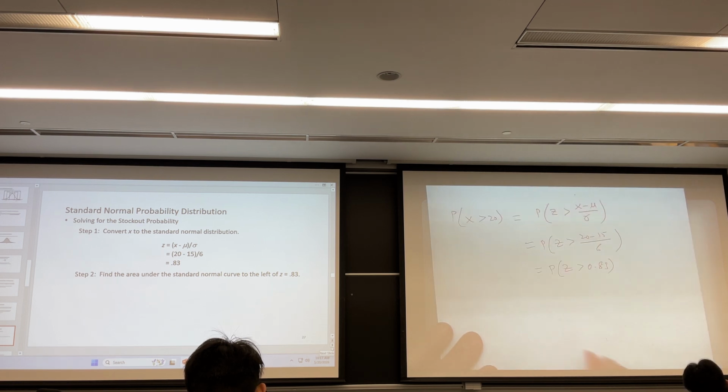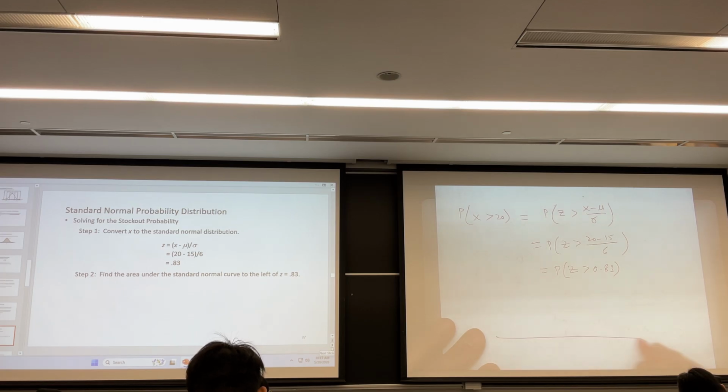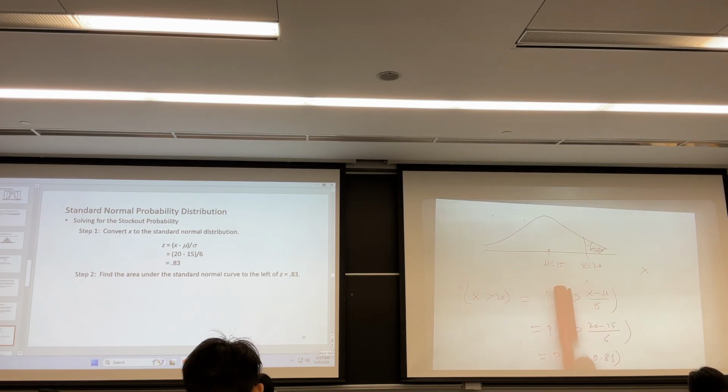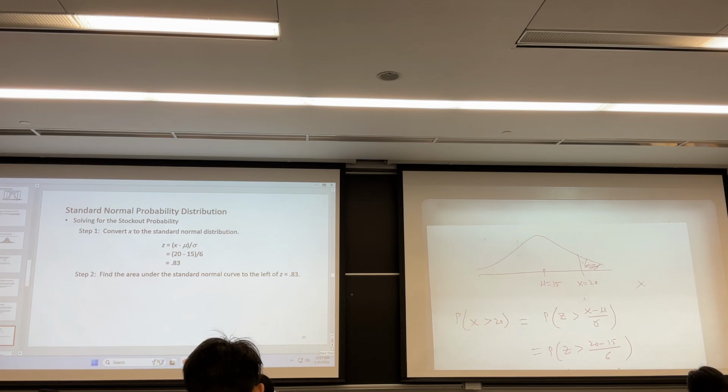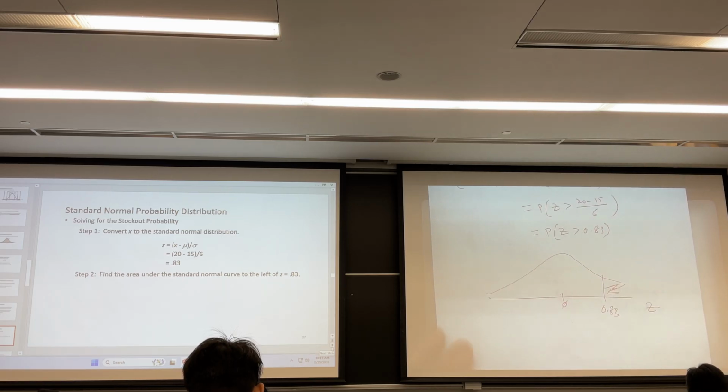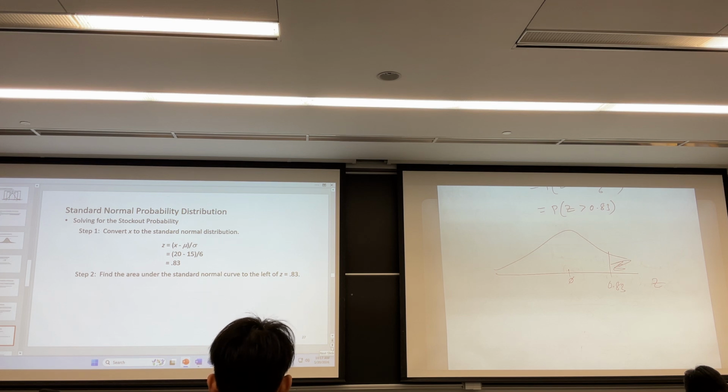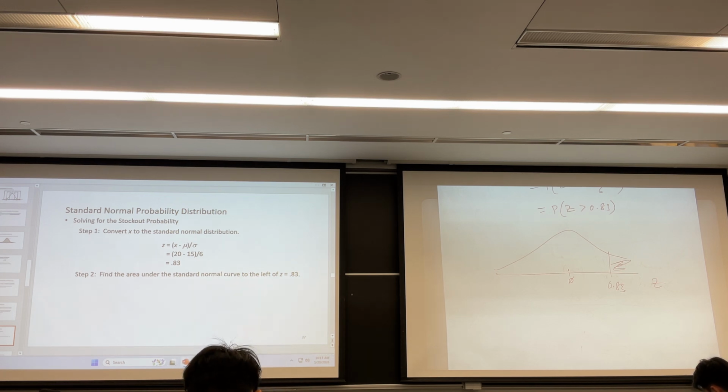So if you're looking at it in terms of a picture, it is like this. Z distribution has a mean of 0, and you're looking over here. This is your Z distribution. This is your X distribution, the distribution of X, oil in gallons, and over here is your Z distribution. I always find it helpful to draw a picture, okay?